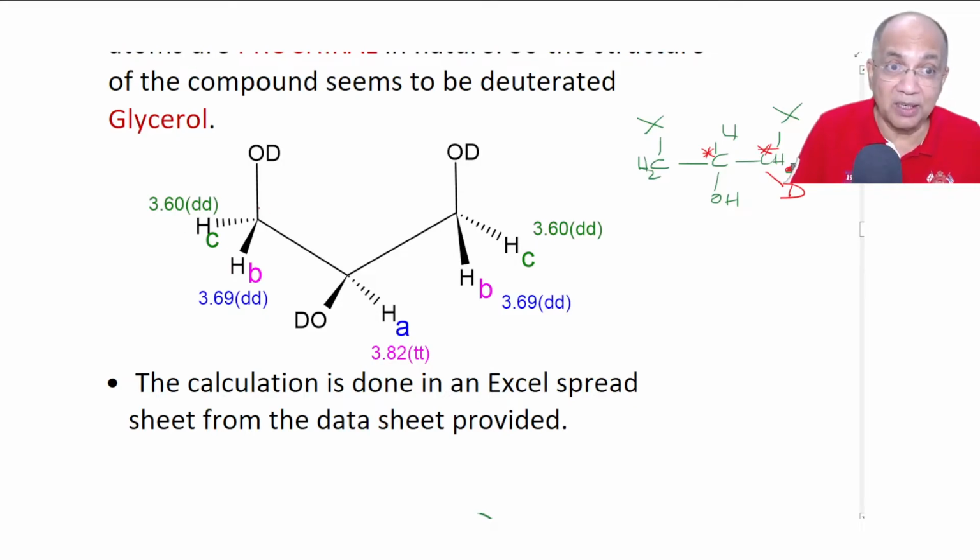J2 is greater in sp3 hybrid carbon, and it is also coupling with J3 HA. So this is a doublet of doublet. This is also a doublet of doublet, DD. And these two are equivalent, these two are equivalent, so you are getting 2 proton DD, 2 proton DD.